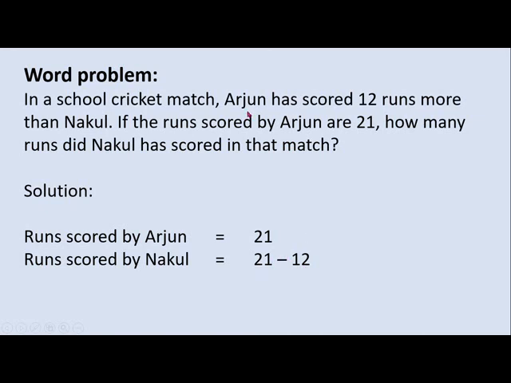The reason is the condition given here is Arjun has scored 12 runs more than Nakul, and the total number of runs scored by Arjun is also given. Therefore, if you subtract 12 from 21, you will come to know how many runs were scored by Nakul in that match.